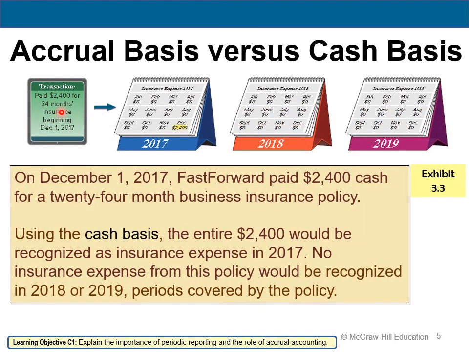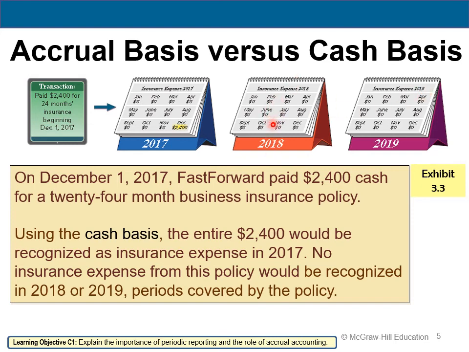same transaction under the cash basis, since the cash was paid on December 1st, 2017, the cash basis would recognize that entire $2,400 as expense in that year, which of course can be misleading because that insurance expense benefits parts of 3 years, and primarily 2018 and 2019.